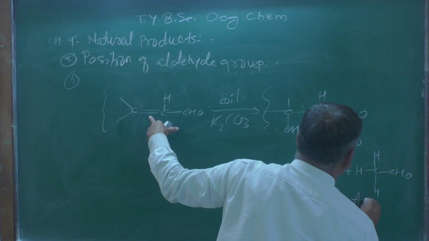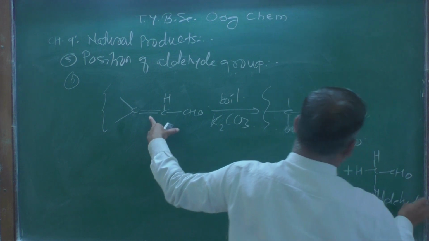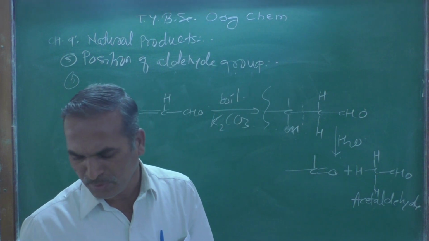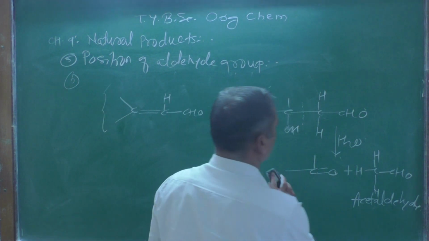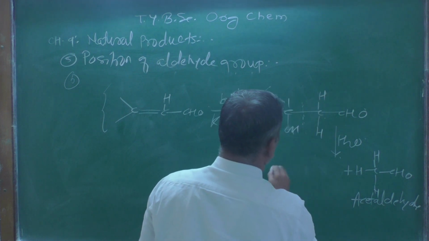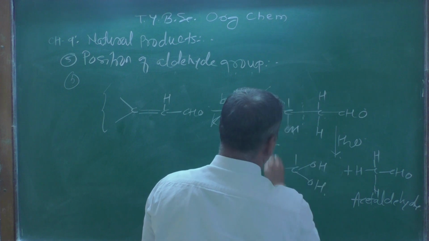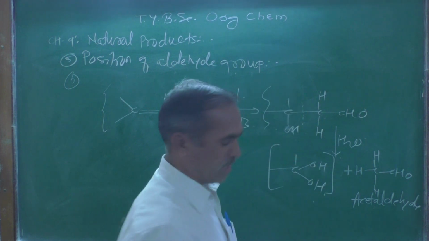This is acetaldehyde which we got here. Or before that, after breaking this one, we get OH and this OH. This is a gem diol we are getting, right?